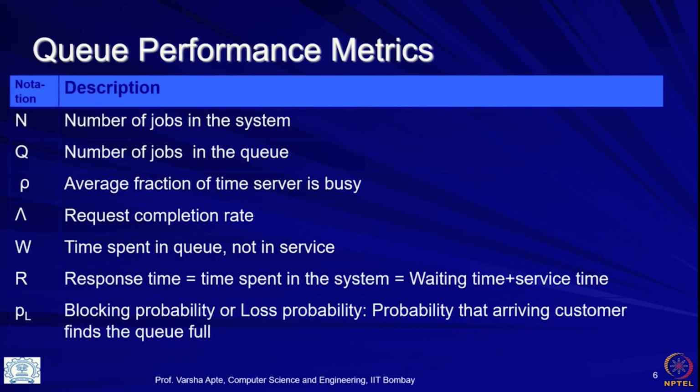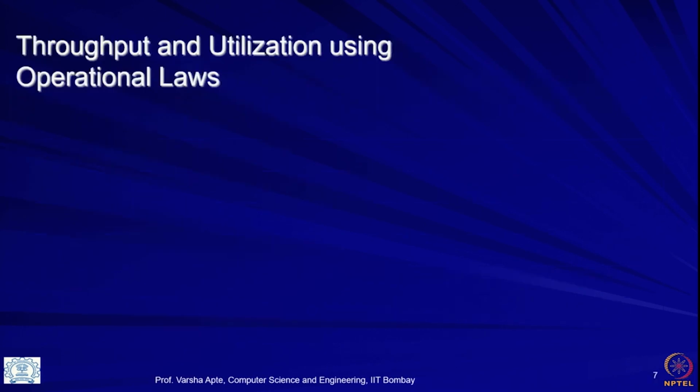And this is a table again reminding you of all of this. Remember N, Q, rho, capital lambda, waiting time W, response time R, PL, blocking probability. So, when you look at the slides apart from the lecture, you can refer to this table for the metrics of the system. Now, let us move on to how we derive this.